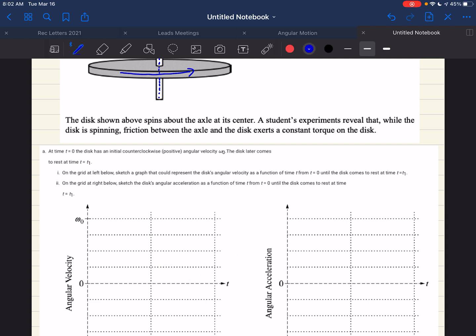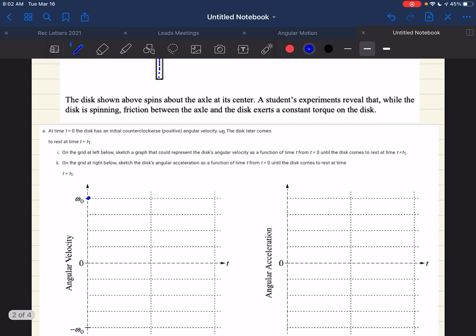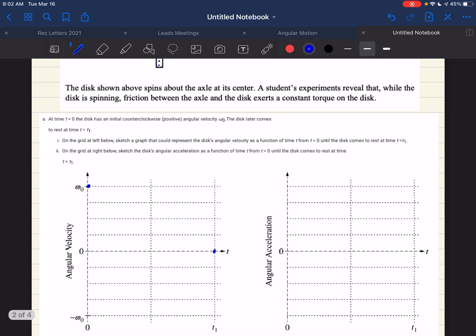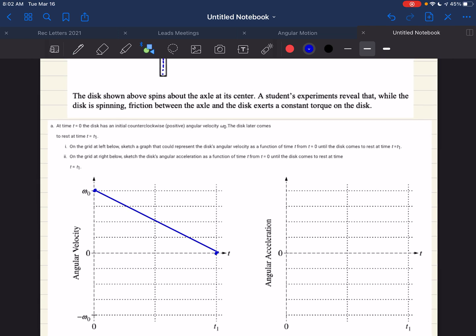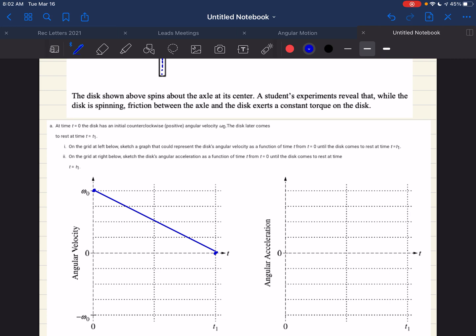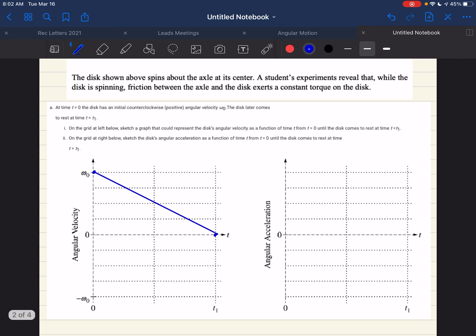So we know the angular velocity starts at omega naught. They tell us it's moving in the positive direction. It comes to rest at t1, and this is actually going to be a straight line. The reason we know that is because, remember, we've got Newton's second law for rotations, torque equals I alpha, and they tell us that the torque is constant.